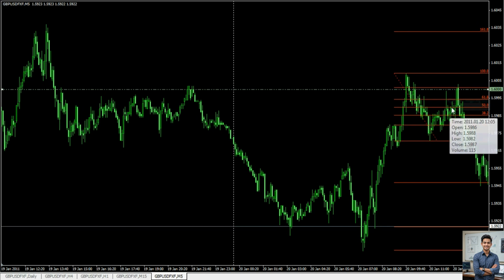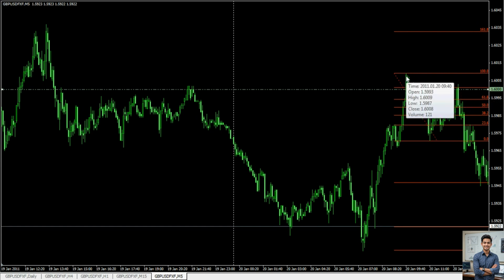So I had to ride out all of this mess in here, and then it stabbed up one more time, pulling back to the 79% retracement. And using that, you want to go short at the figure, 1.6000, and 10 pips above this high here. 1.6020 would be ideal.